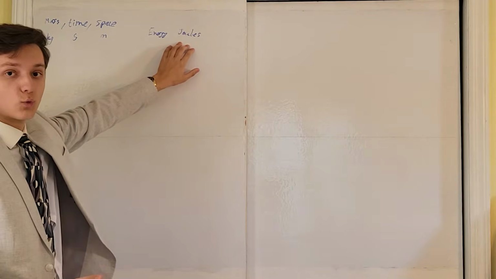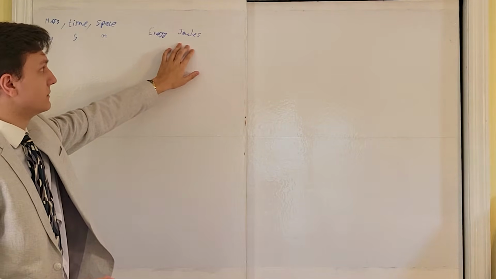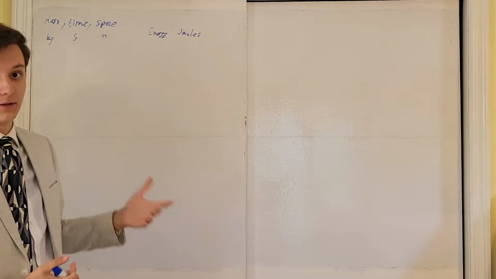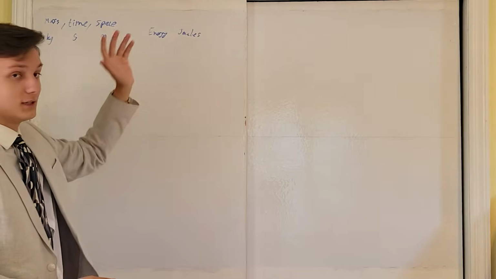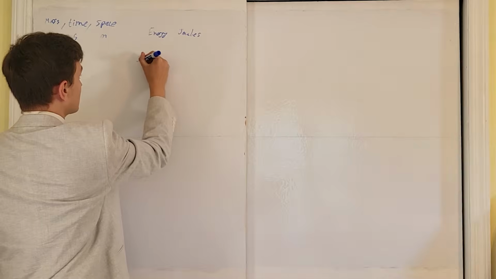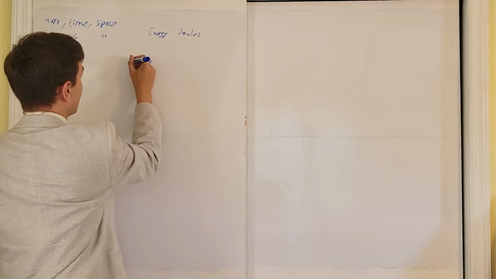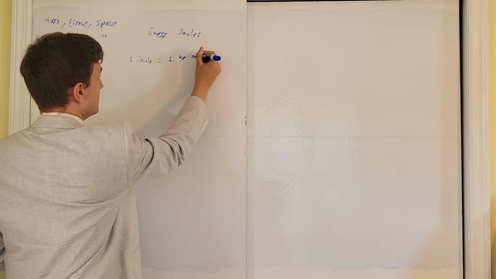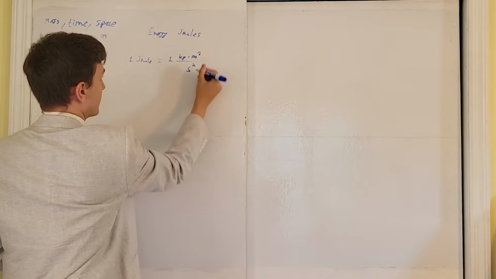Joules is a derived unit. Means joules is a unit that is derived from the three fundamental units. All the other units you're going to see in this course will be derived units. Joules, or 1 joule, is equivalent to 1 kilogram meter squared per second squared.